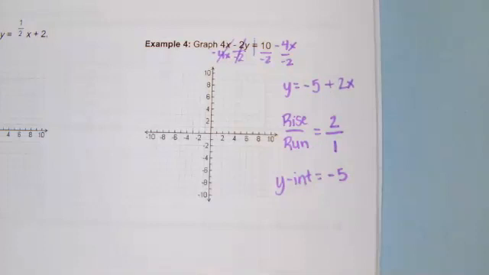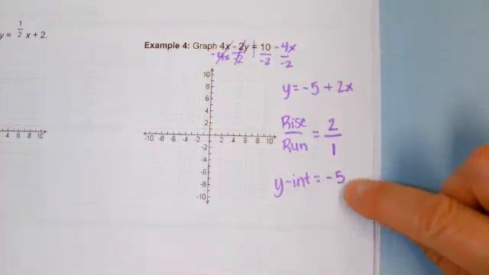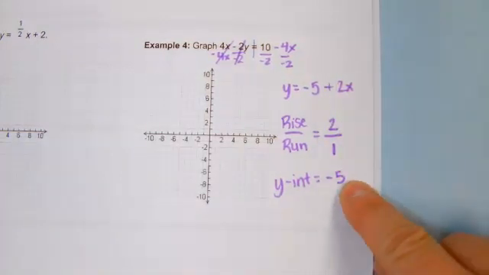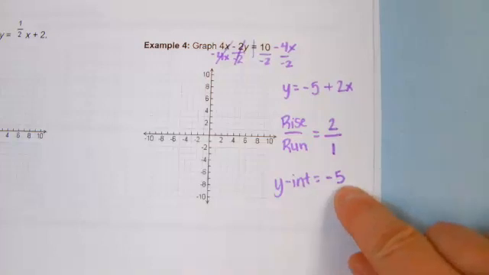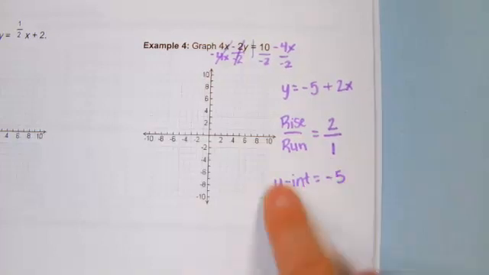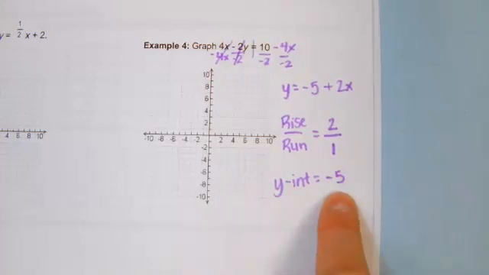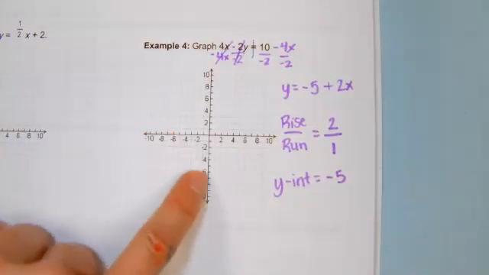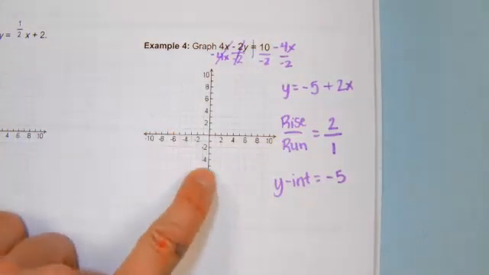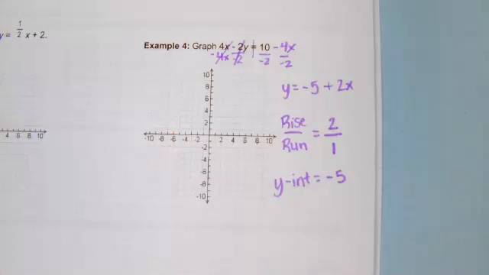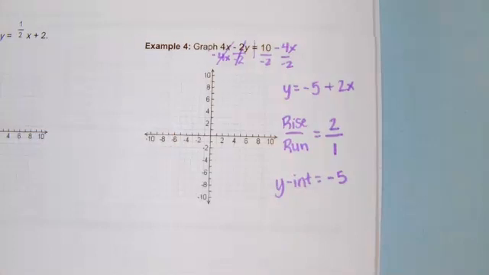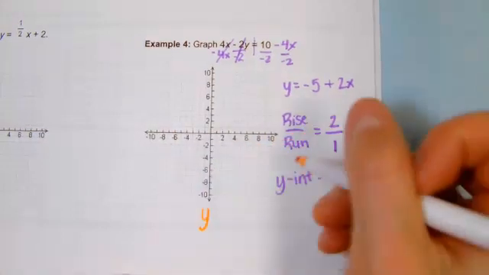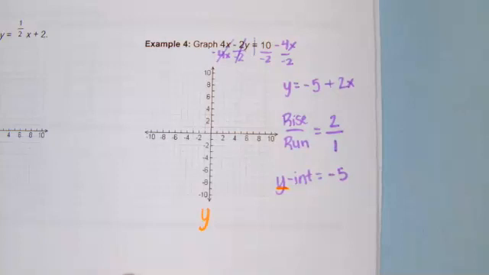Notice we do all this work, and we get here. And then when we graph, we start where we ended. So we're going to start by graphing negative 5. Remind me, do I use negative 5 on this line right here, or the negative 5 down here? Down there, because this is our y-axis. Going up and down is the y-axis, and it's the y-intercept we're looking for.